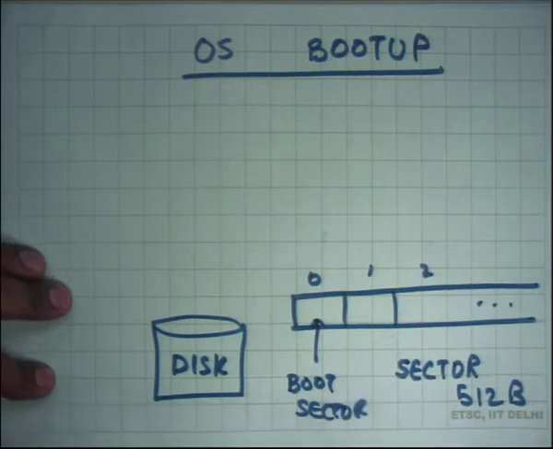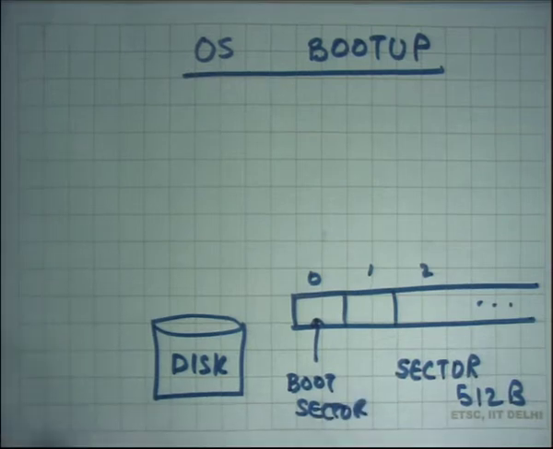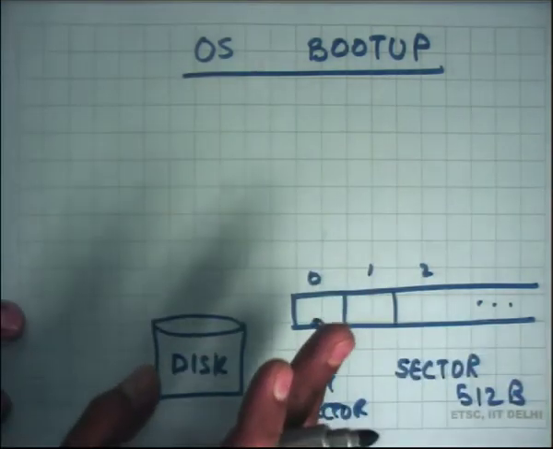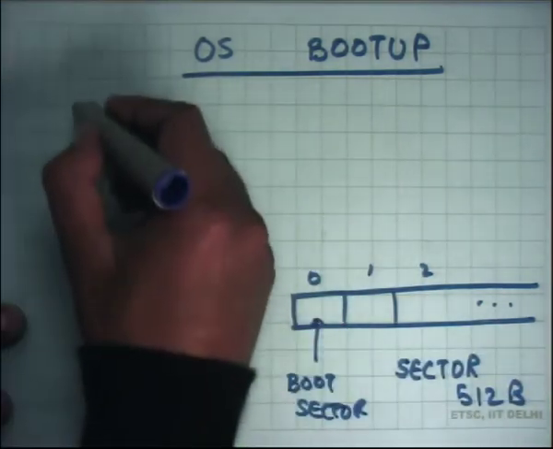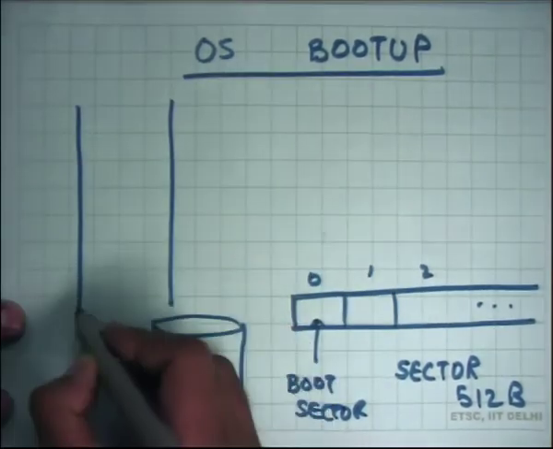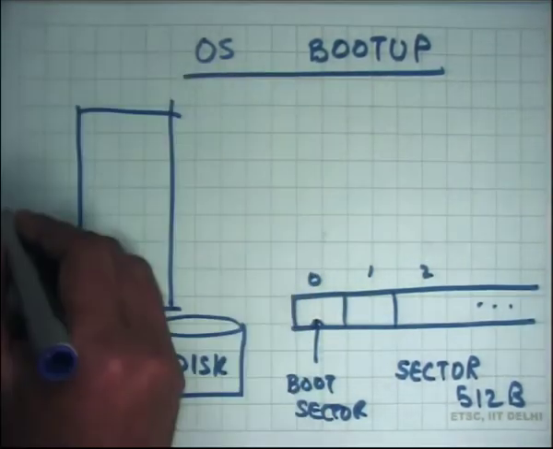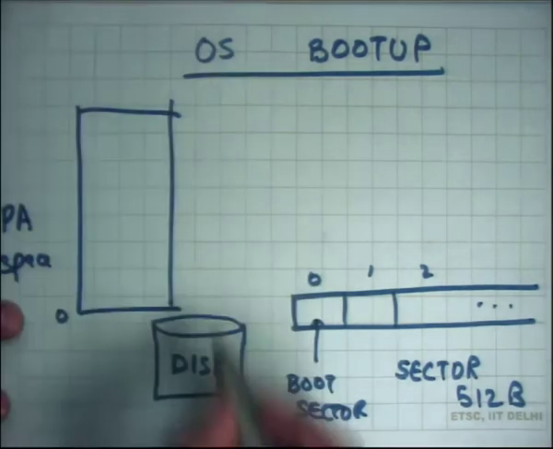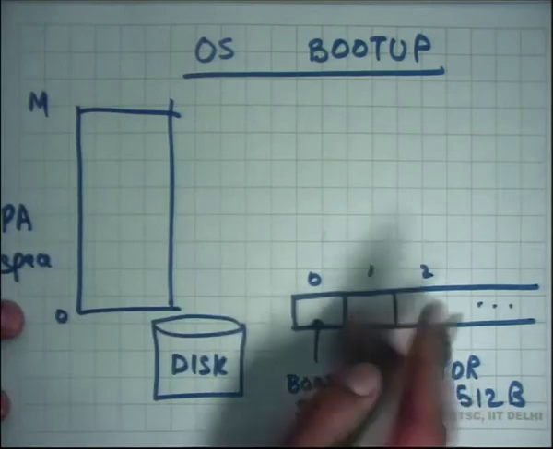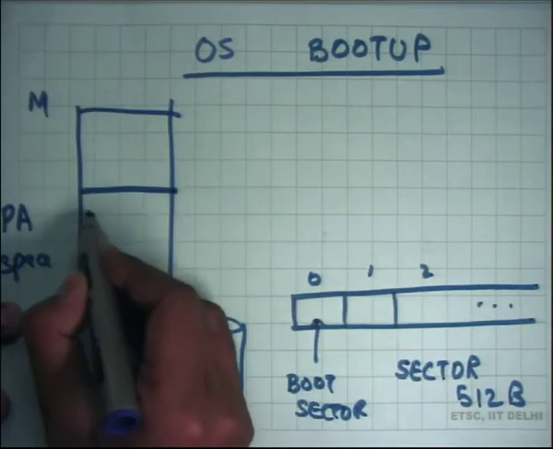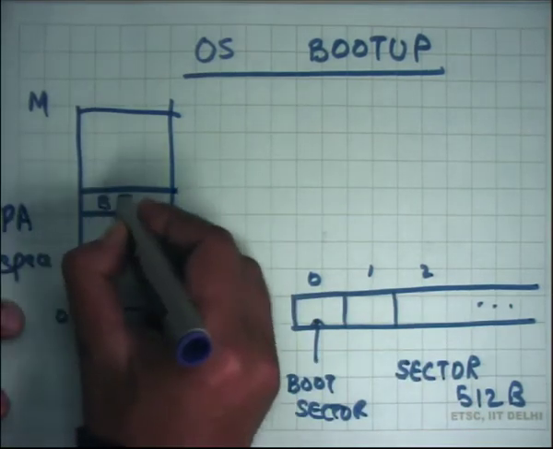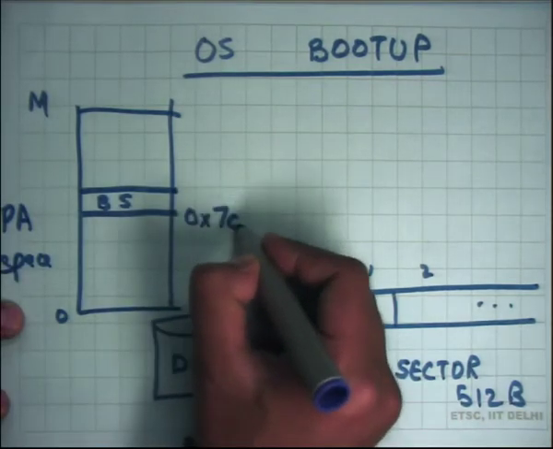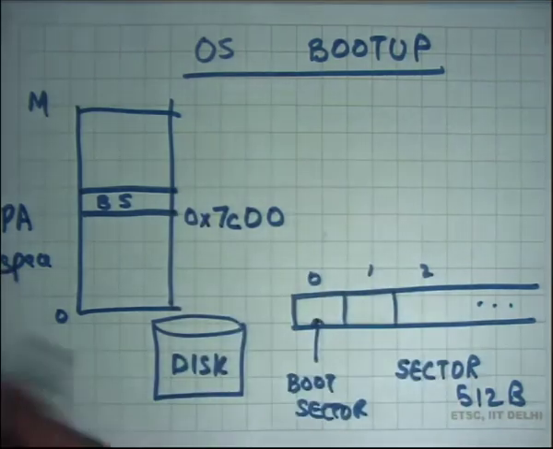The contract with the hardware is that it will load this boot sector at a particular memory location. It will copy this boot sector into a particular memory location. Let's say this is the physical address space, going from 0 to some value M. It's going to copy these 512 bytes, the boot sector BS, at the address 7C00.